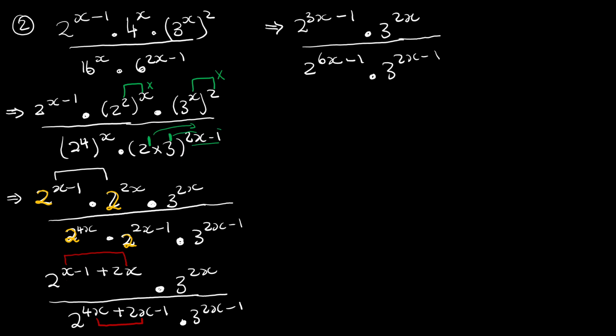Okay, so now we are dividing the same base. What do we do to the exponents? We subtract them. Let's start with the base 2. We take the exponent of the base that is on top, and you subtract the one on the bottom, which is 6x minus 1.